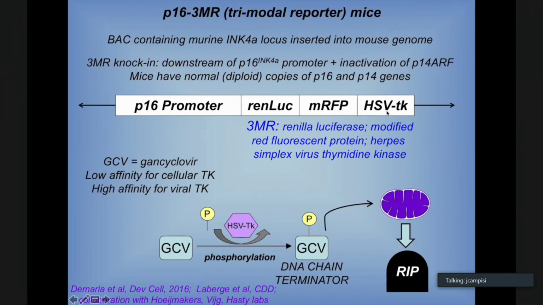But most important, this viral thymidine kinase, which has a very high affinity for the prodrug ganciclovir, turns it into a phosphorylated derivative that is a DNA chain terminator, which in senescent cells enters the mitochondria, fragments the mitochondrial genome, and causes the cells to die by apoptosis.